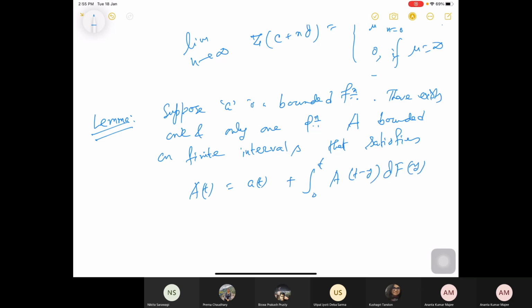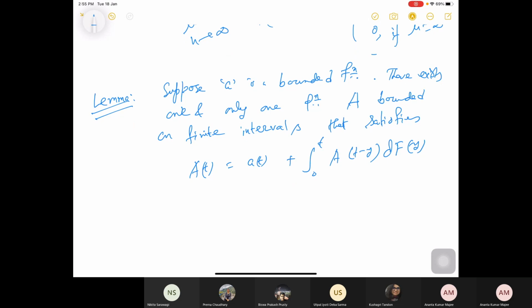That means, if you look at the renewal equation I wrote in Smith's theorem, z(t) is equal to h(t) plus the integral from 0 to t of z(t minus y) dF(y).